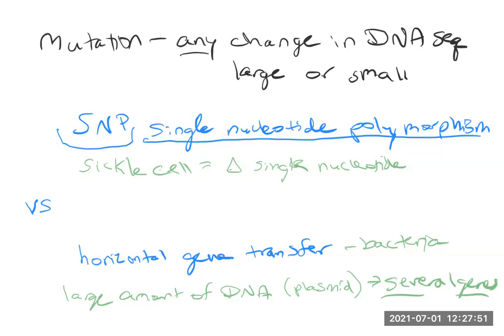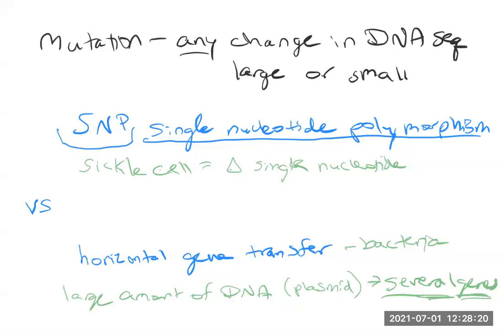And so you could be some bacteria without any antibiotic resistance at time point 0, and then an hour from now, you might be resistant to a couple of different antibiotics because you got that gene transfer. And so this could be a large amount of DNA that's transferred by a plasmid, which can contain several genes.